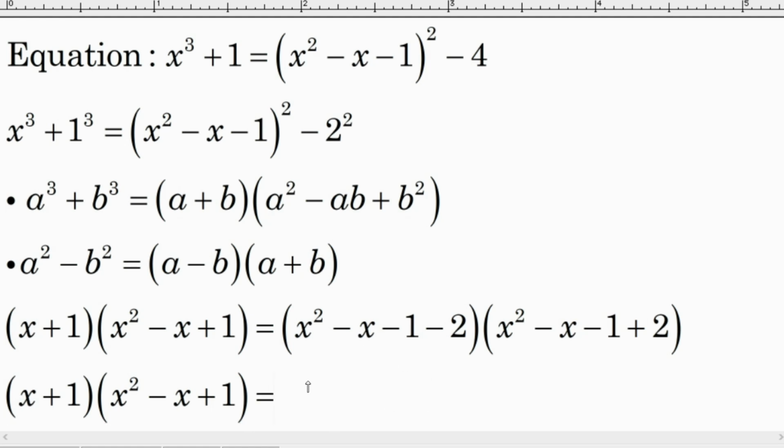So here we have x squared minus x plus 3, and that will be x squared minus x minus 3, and then the factor x squared minus x plus 1.